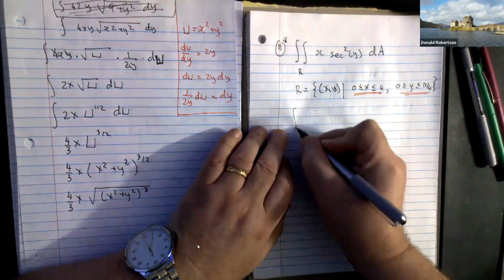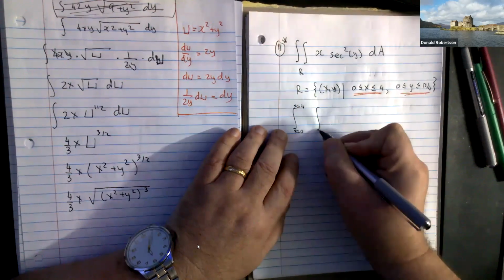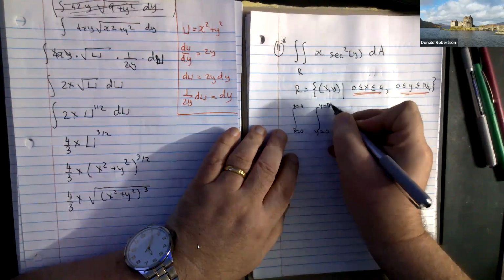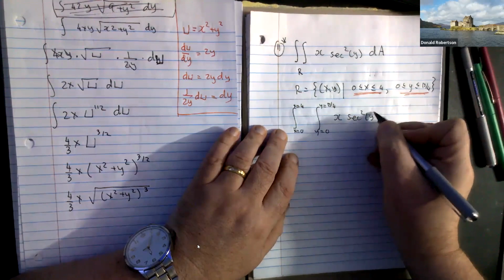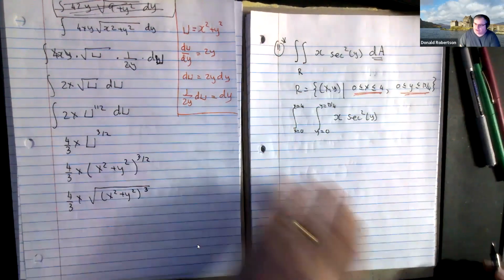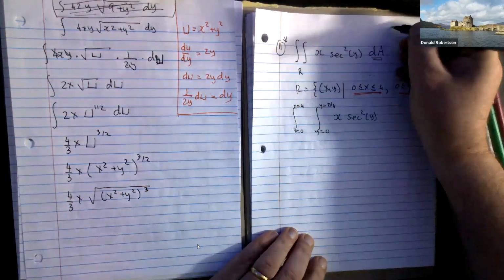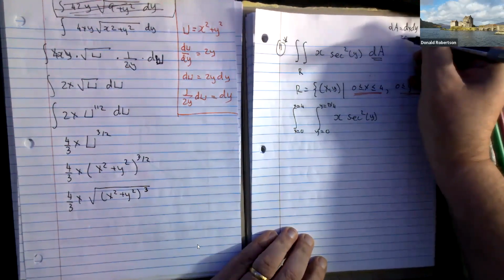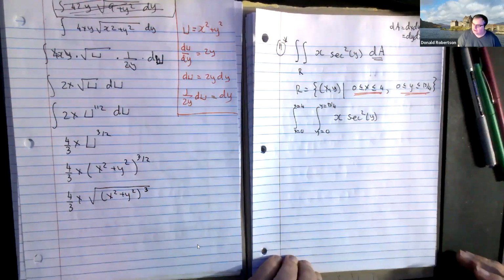So I'm going to set it up as from x equals 0 to x equals 4, and from y equals 0 to y equals pi upon 4, x secant squared y, and dA is really just a placeholder. And it's technically an areal differential, dA, but what it really is, is just dx dy, or dy dx, you can pick, right? Just a placeholder for those two guys.